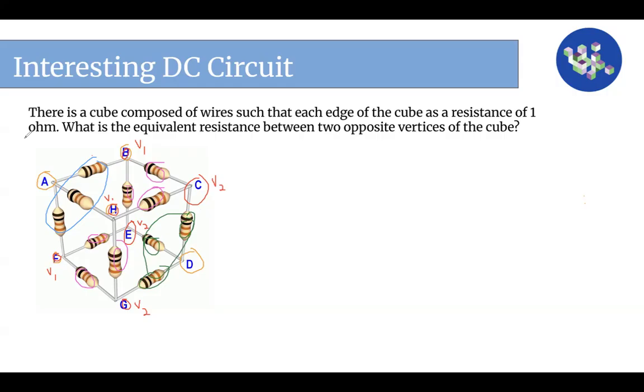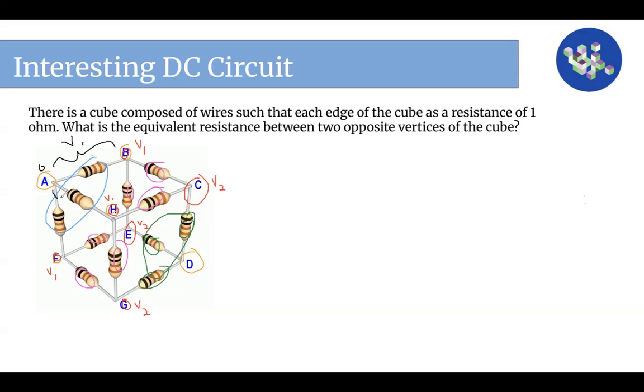The thing about these groups I just highlighted in blue, pink, and green is that they'll be in parallel, since they all have the same potential. The potential across this resistor, if A is 0, let's say, will be V1.